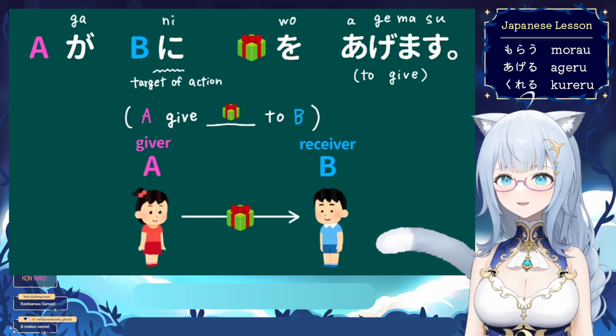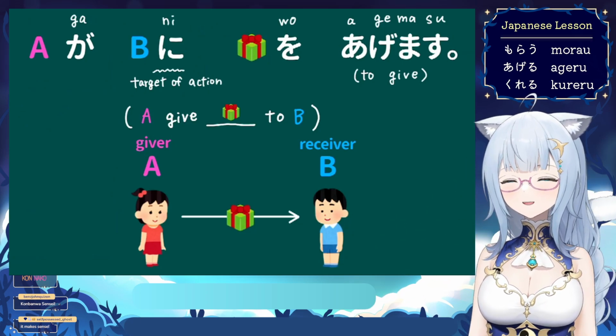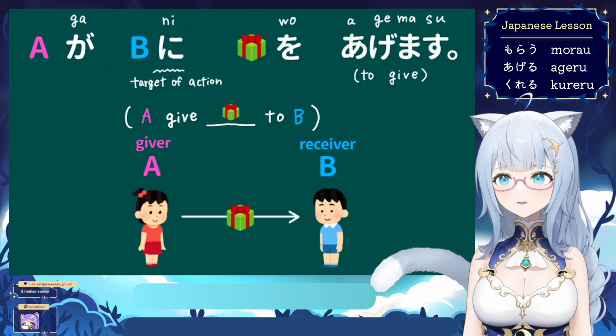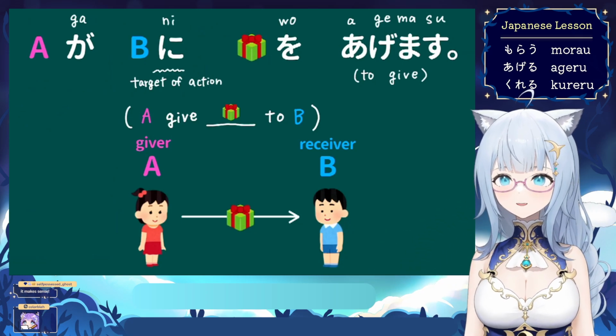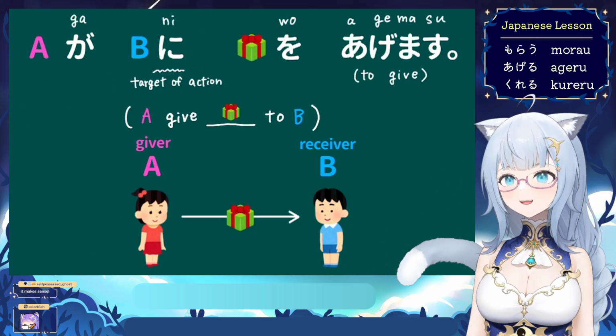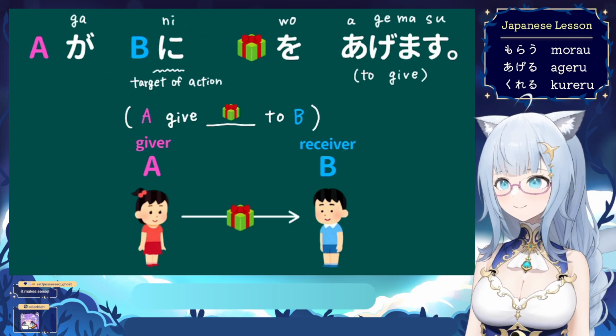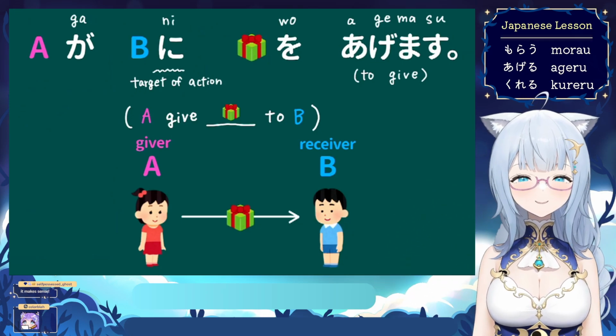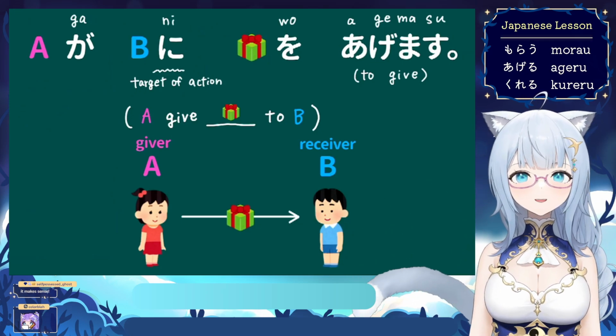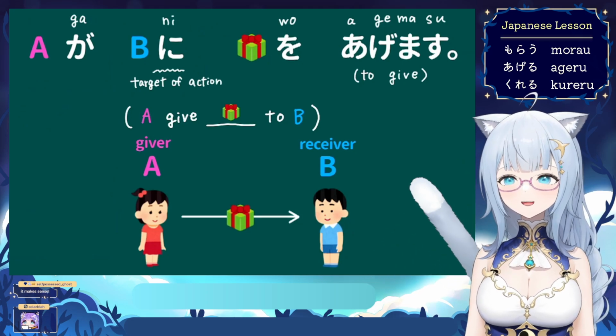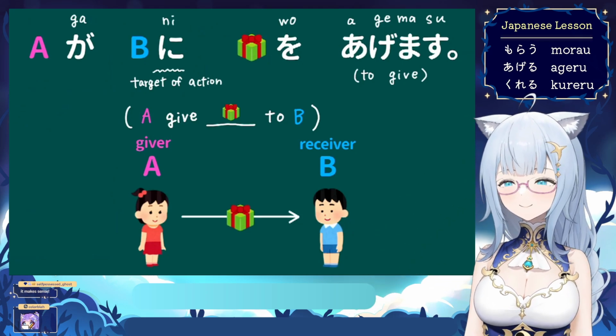The action is to give, and the one who does the action is A, and B is the target. That's easy. Makes sense, right? Just the perspective is opposite.